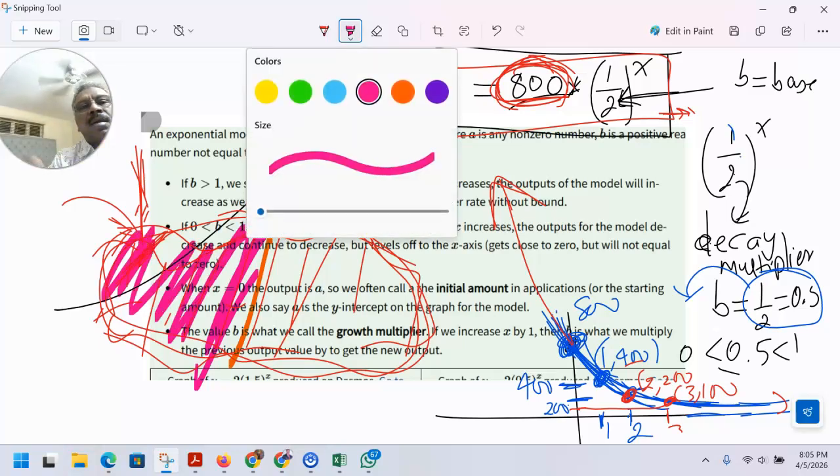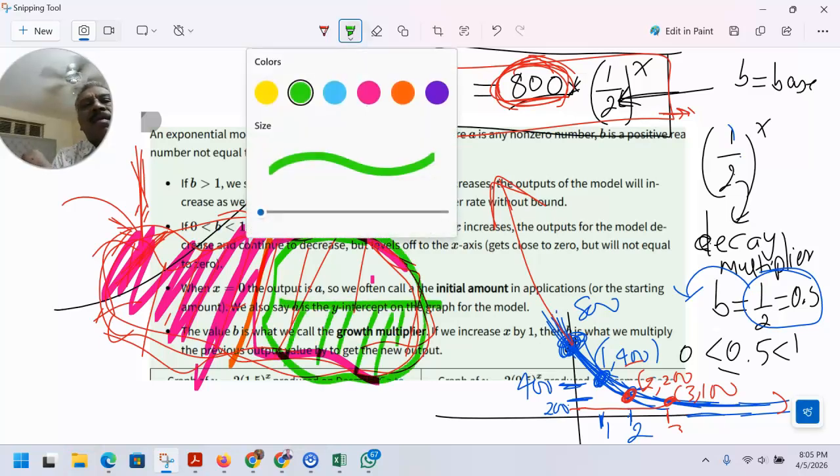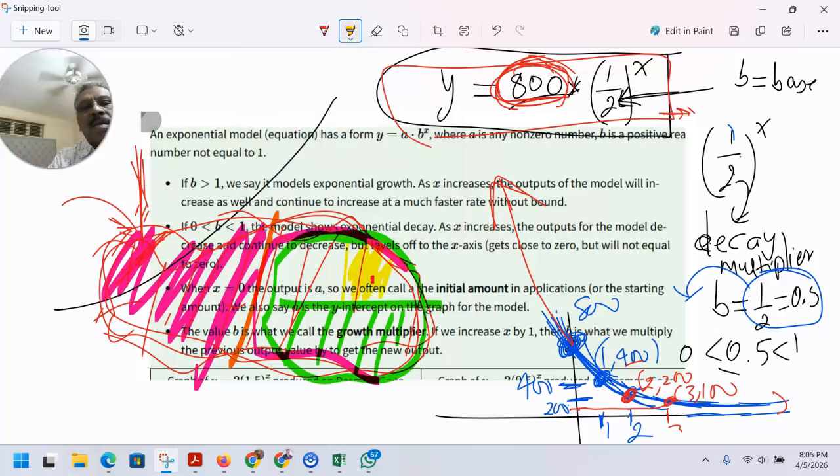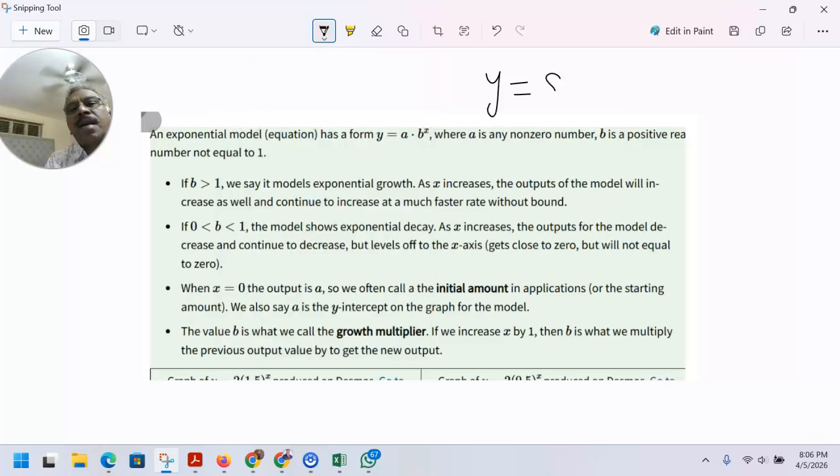The next week, of the green remaining, half is gone again. So each time 50% goes away. I hope I'm making sense here. So what I'm trying to say is it was 800 in the beginning, and then 0.5 raised to x. This is the exponential equation with a decay factor.